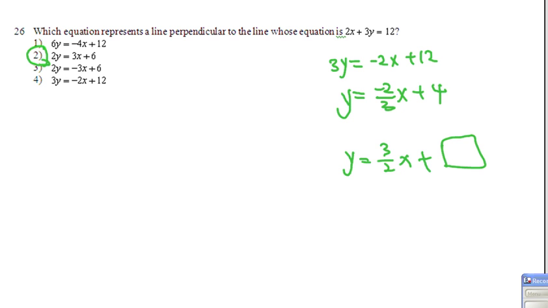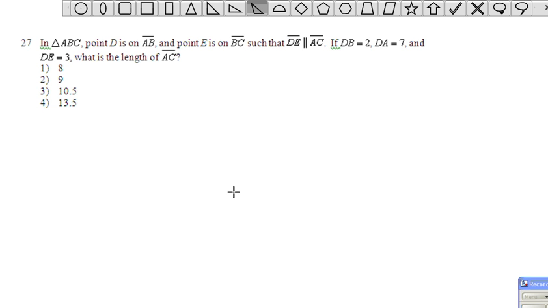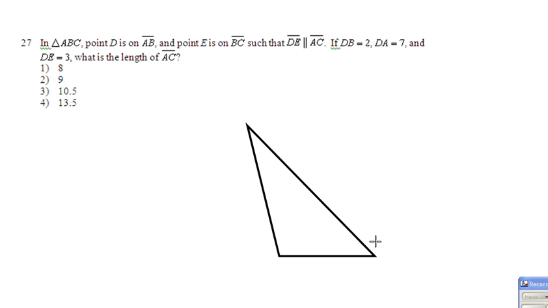Alright, let us move on. Alright, so we're continuing with number 27. So we have a triangle, and I'll say this is A, B, C. So point D is on AB, and then point E is right here, but they are parallel to the base, which is AC.